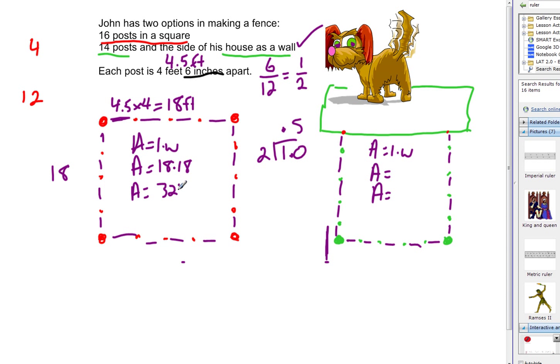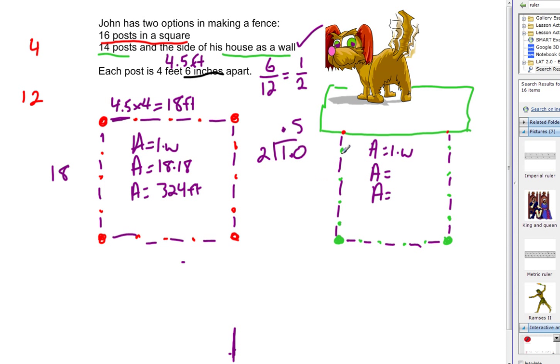Okay, 324 square feet. It's a pretty good amount of room to run, I think. And then we come over here to our green fence, which you remember was bigger, which means no matter how much of a number we put here, it's still going to be bigger, assuming we do our math correctly.